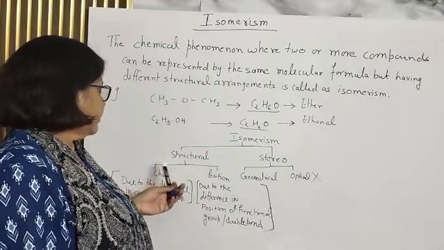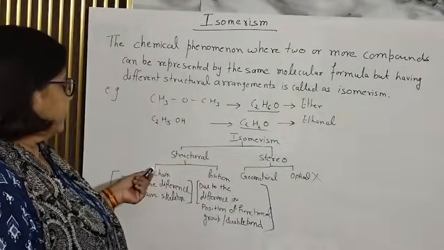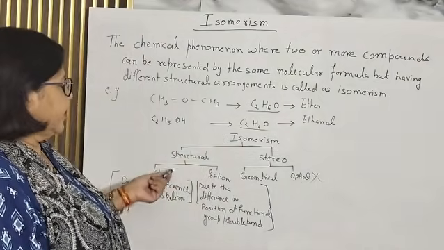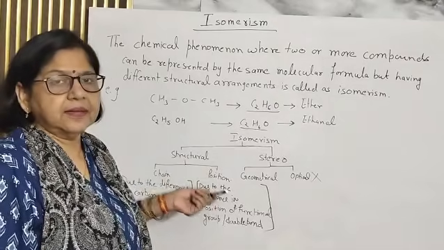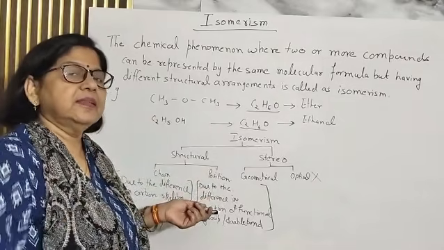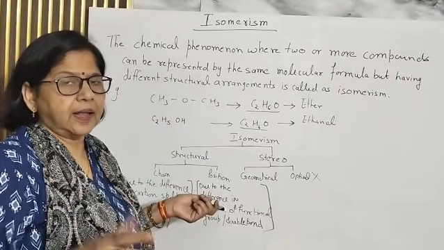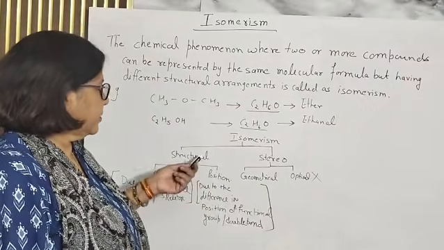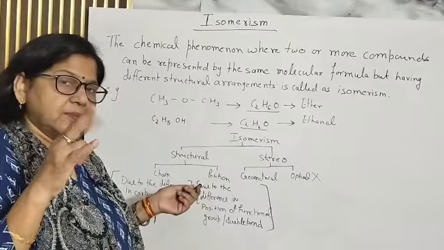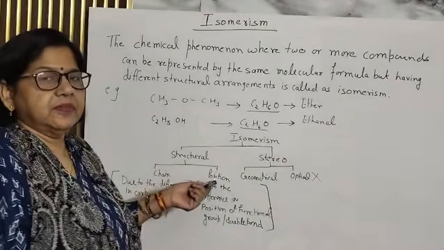Structural isomerism, children, is of two types. The first one is chain isomerism. It has many types, which you will discuss in class 11th or 12th. But in your course there are only two, chain and position.